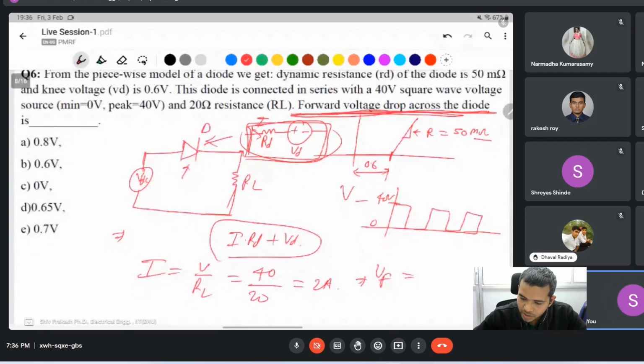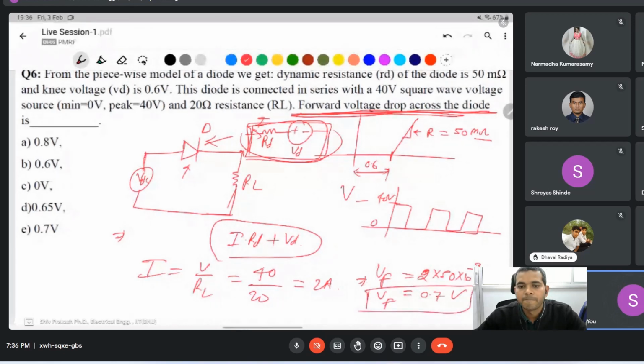RD is given as 50 milliohm, plus 0.6 volt. So VAB is 0.7 volt. This is an approximate value because of some resistance and voltage drop also. If you want the exact value of VD, then you find it like this.